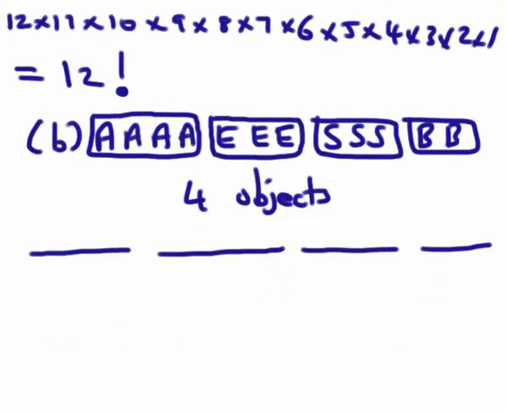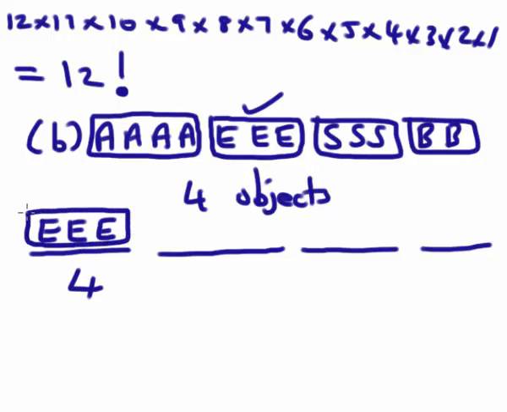Now, of those 4 objects, which could we choose for the first space on the shelf? There's 4 possibilities. So let's suppose we take the English first. We tick the English, that those English must be arranged over there.